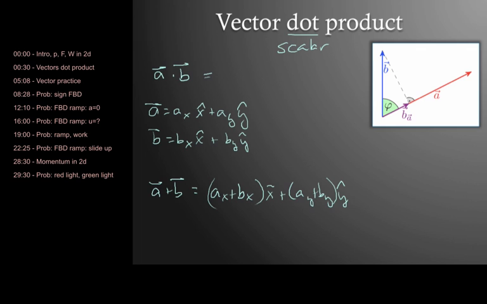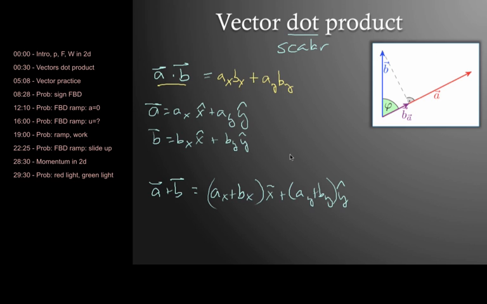But here I'd like you to consider this dot product, and so instead of adding these, what we're going to end up doing is multiplying the two x hat components together and the two y hat components together. So this is going to be Ax Bx plus Ay By.